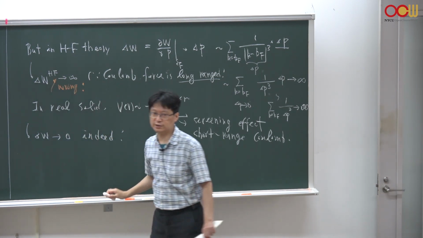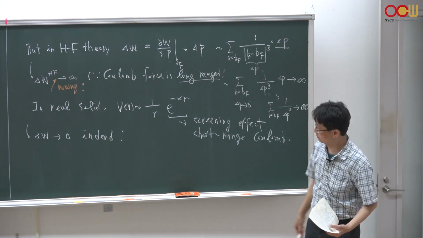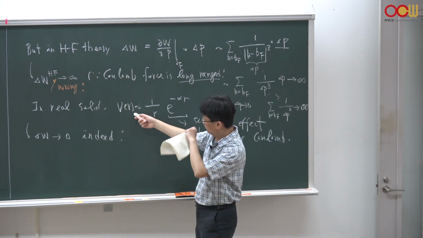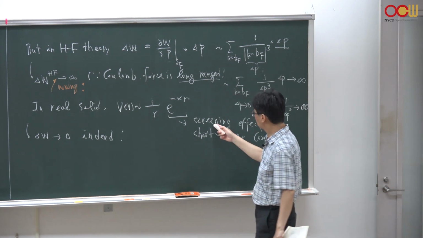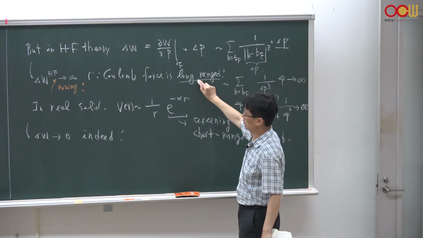But we need to understand why this Hartree-Fock theory fails, and the reason that it fails is because the Coulomb interaction is actually long range.